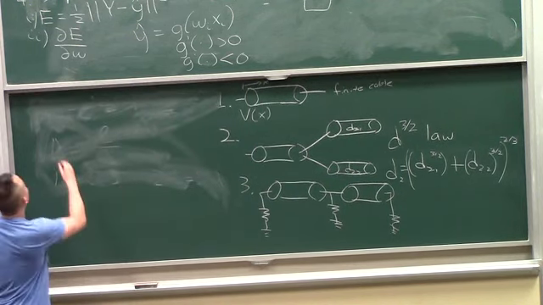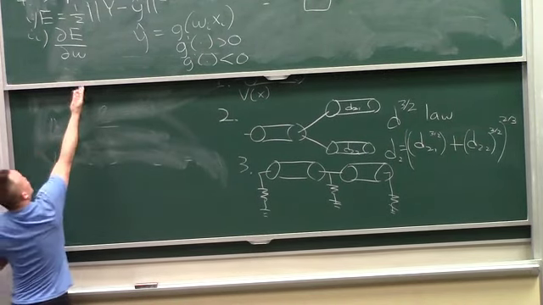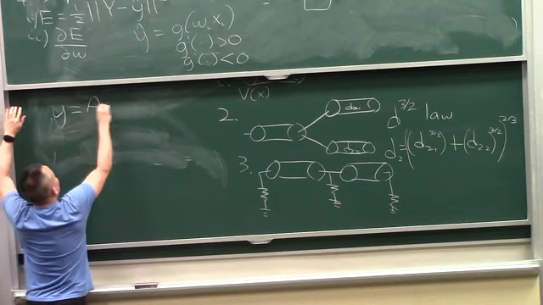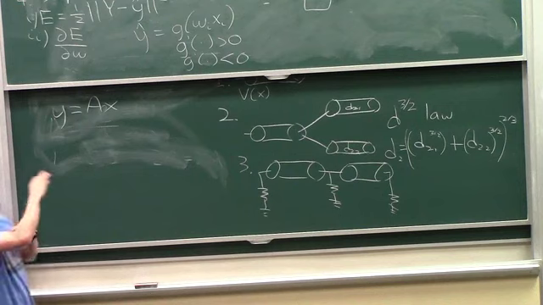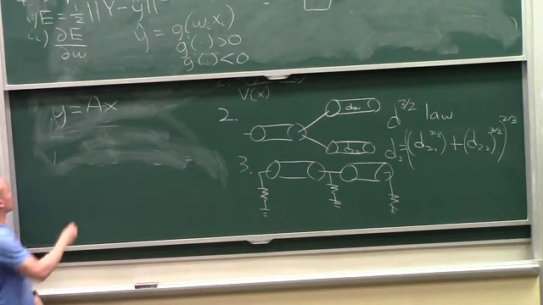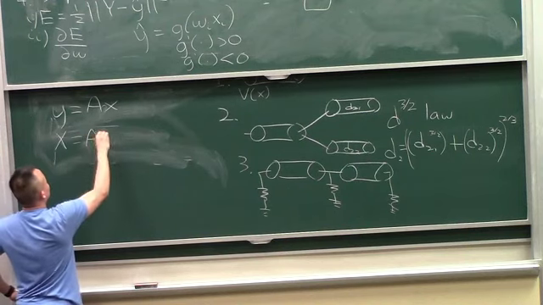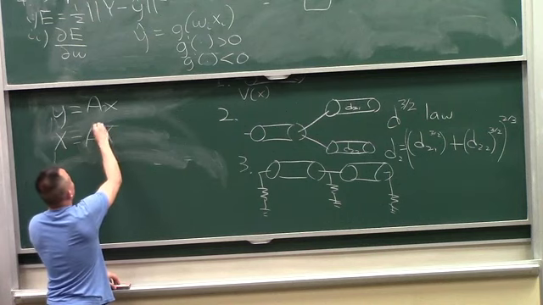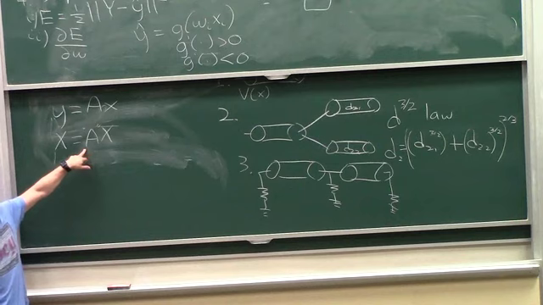When we do the pseudo inverse there, we're assuming something like Y equals AX, as in the midterm. The other situation was X equals AX, but you have to figure out what this A form is.